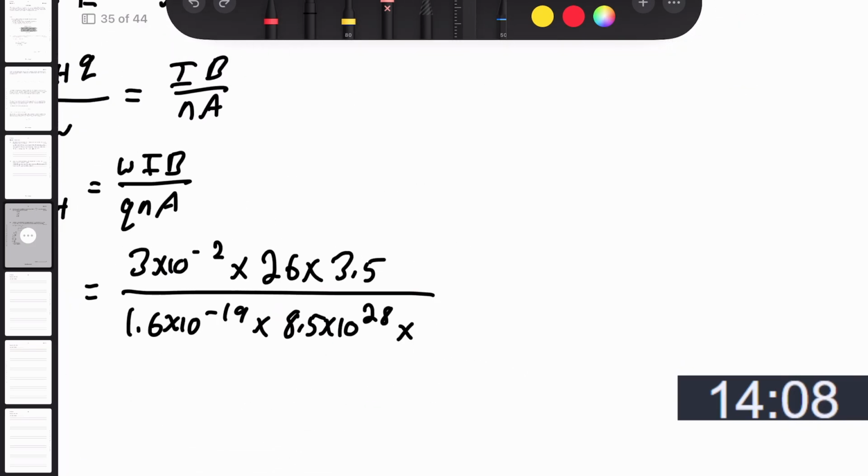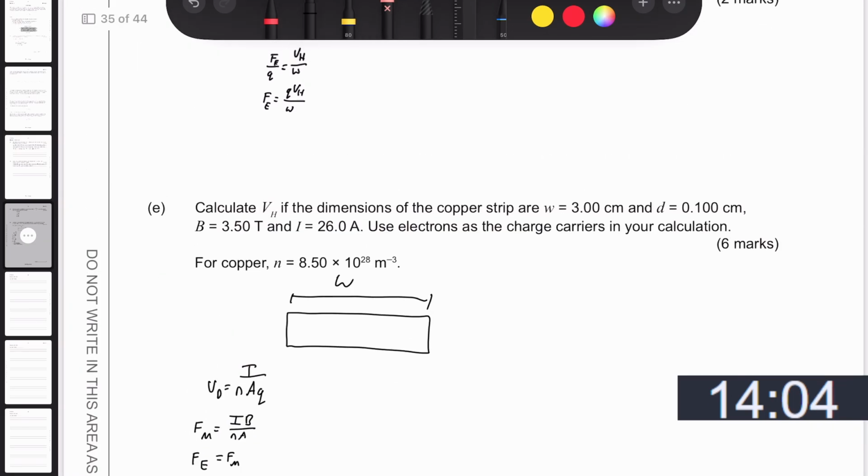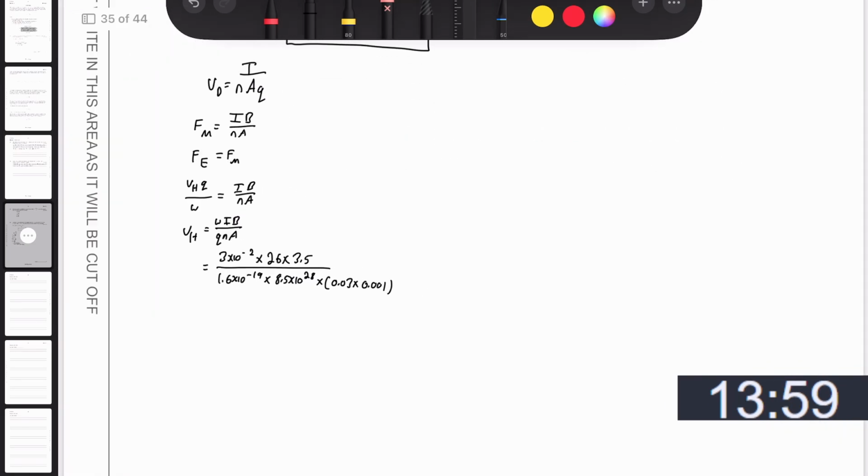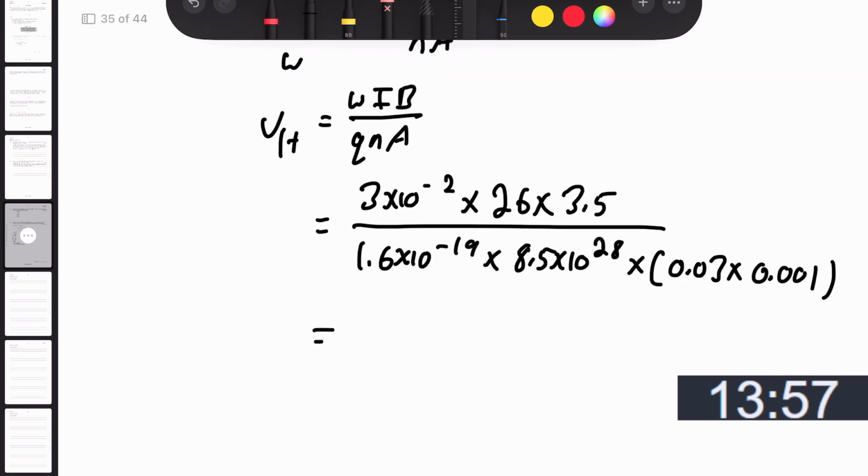So 0.03, and then 0.001. Here's my calculator. 0.03, 0.001.